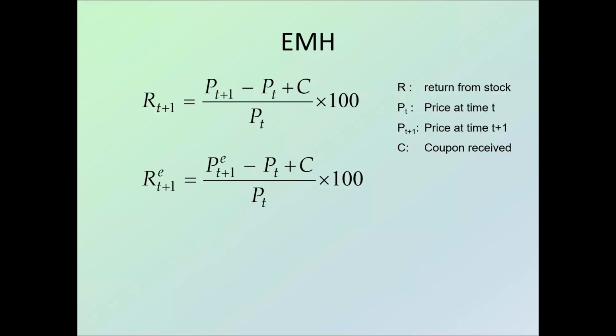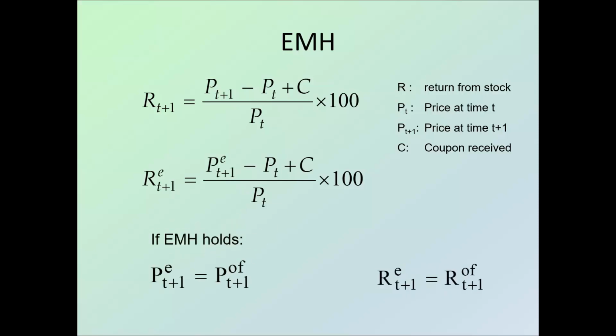So the expected return is a function of the expected price, and if the efficient market hypothesis holds, because we have all the correct information available at a given point about a stock, its expected price at t plus 1 is the same as the optimal price, which includes all the available information inside it at the same time t plus 1.